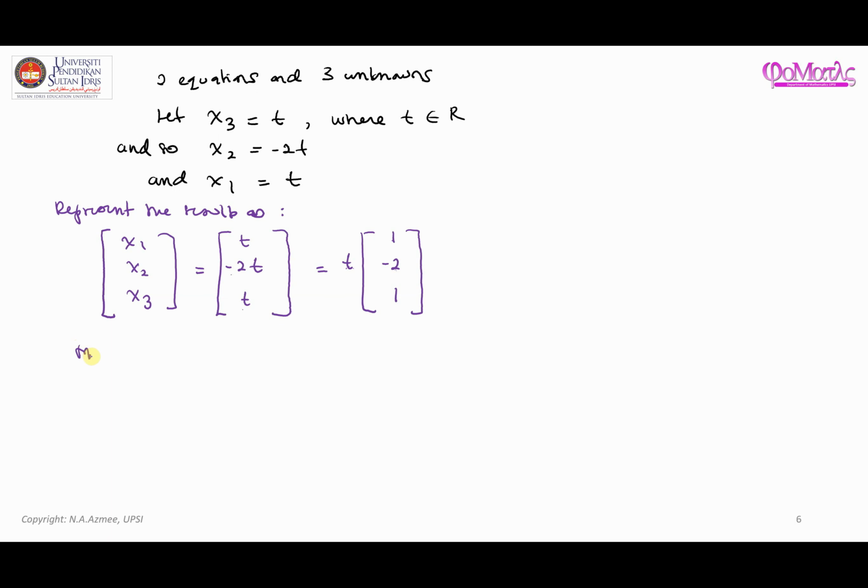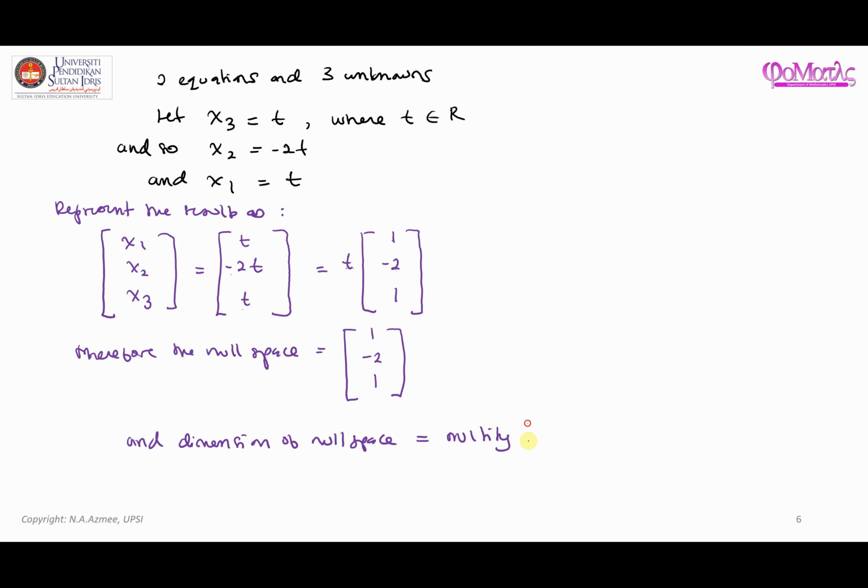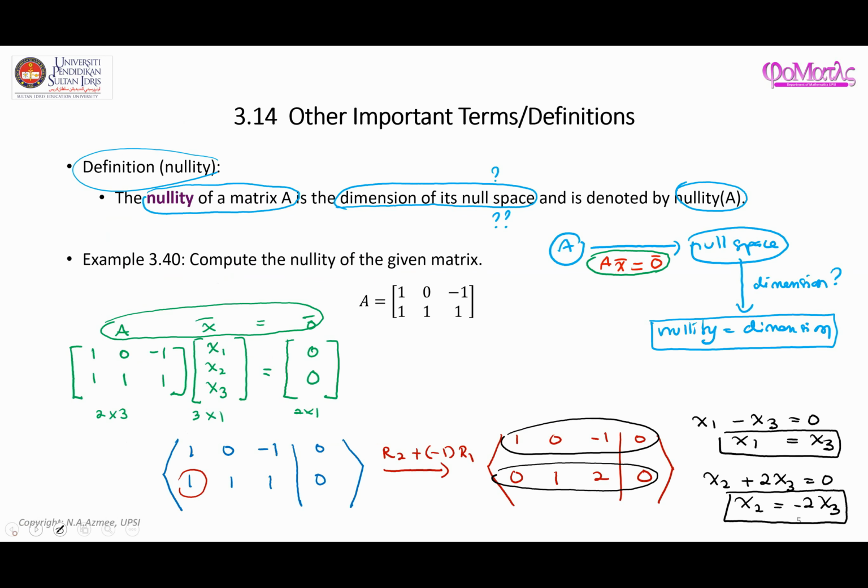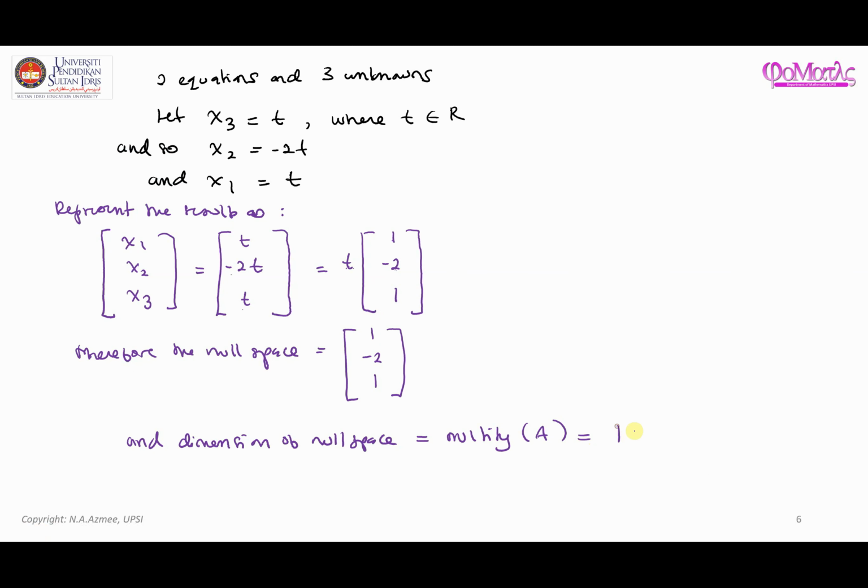Therefore, the null space is equal to 1, -2, and 1, and the dimension of null space is equal to nullity of matrix A. So this matrix is A, so we just say nullity of matrix A, which is equal to 1.